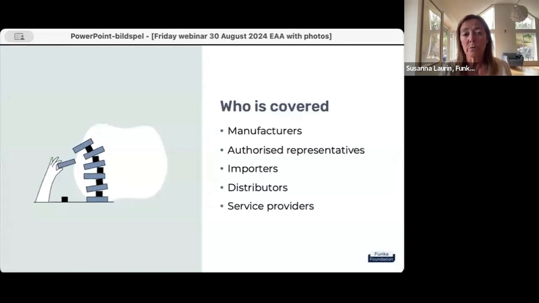So manufacturers, authorized representatives, importers, distributors, and service providers of certain products and services that are offered to consumers in the EU. That is the scope of the legislation. It doesn't matter if you are headquartered outside of the EU, or if you are commercial or not-for-profit. If you are under these umbrellas as the economic operators and provide the specific products and services covered, then you are in scope of this legislation.